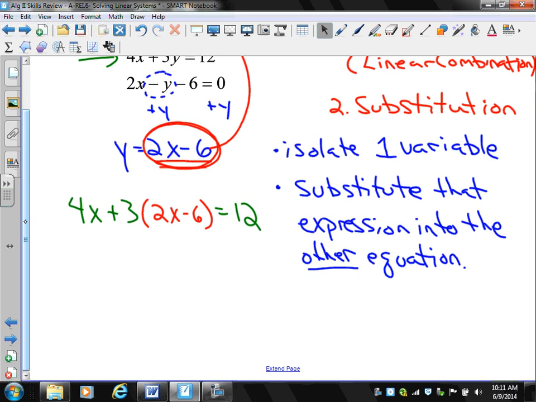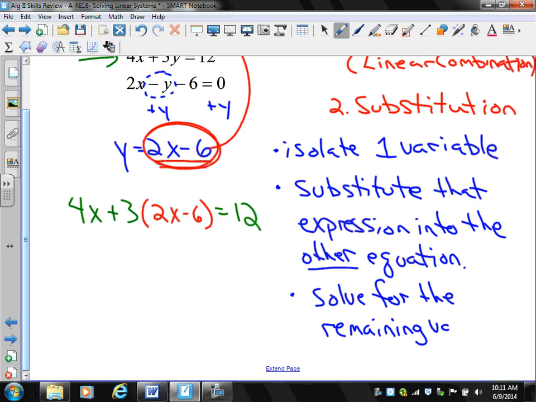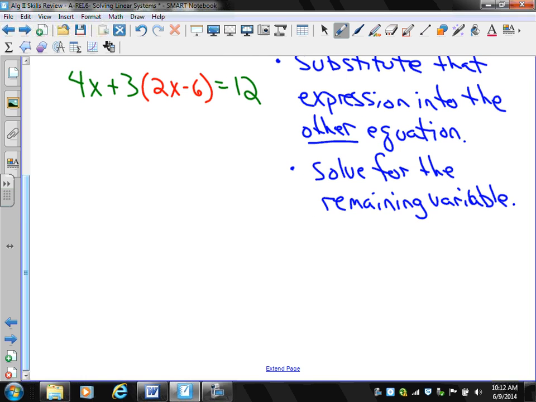So I'm going to make another little note here. I'm going to solve for the remaining variable. So now I need just some basic algebra techniques.